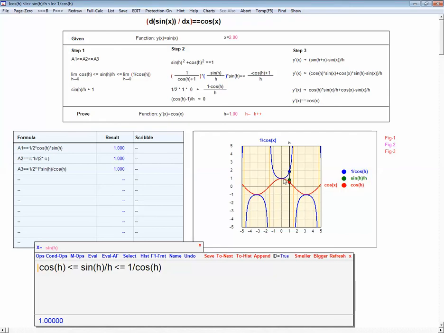Well, the green and the blue are both going to squeeze down on 1, and so the green dot has to also squeeze down on 1. And so there's our proof that in the limit the sine of h over h is 1. So we've proven this. All right, let's go on to our next step, step 2.